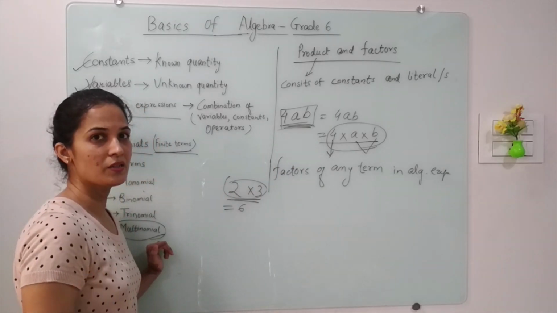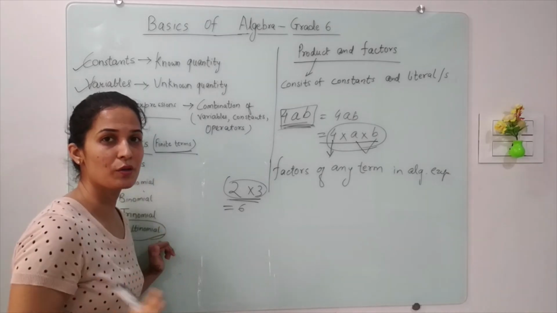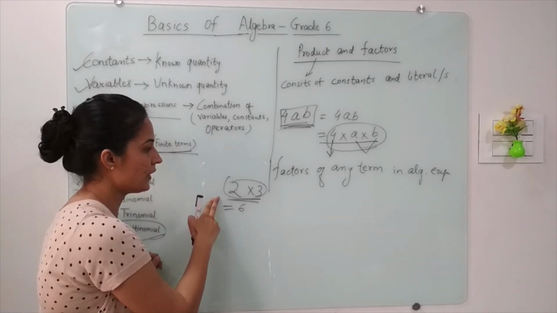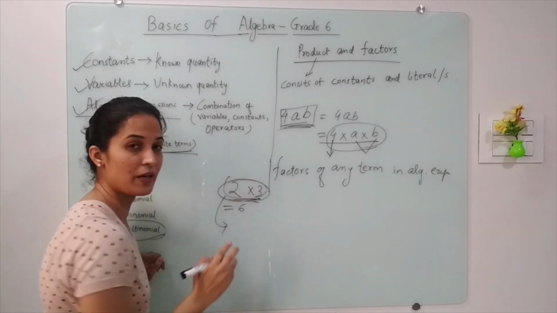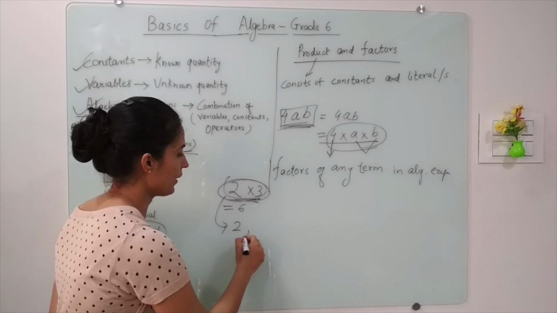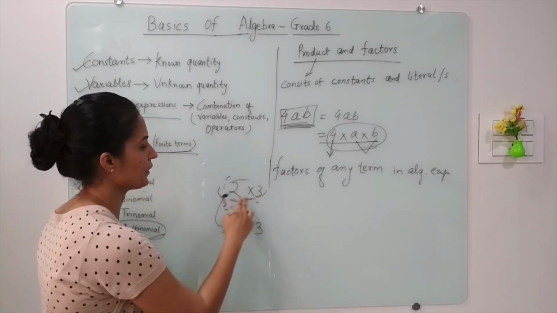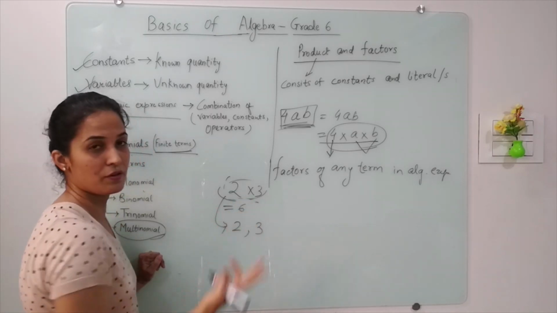I hope you understand the difference between a numeric expression and an algebraic expression. You have already done this in your previous classes. If you see the factors of this complete expression, there are two factors here. One is 2 and one is 3. These two are the factors of this expression. 2 is a factor of 6, 3 is a factor of 6.